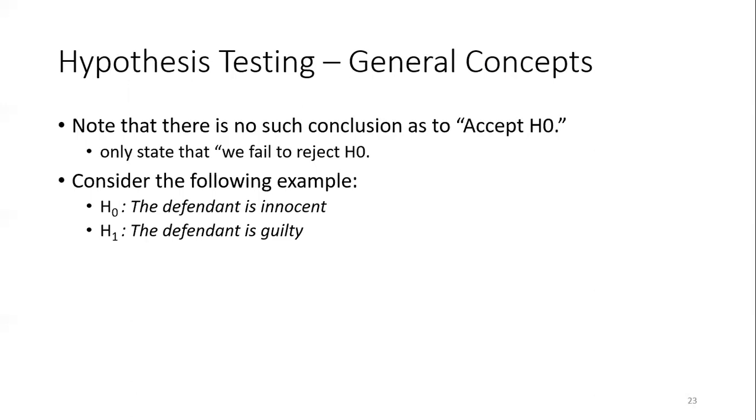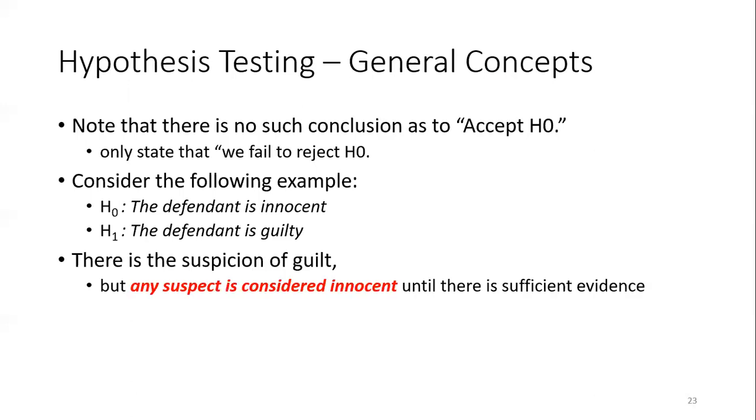Okay, there's a very famous example in your book. So H0 is the defendant is innocent, okay? And H1 is the defendant is guilty, okay? So there is a suspicion of guilt for the defendant, for that guy, but any suspect is considered innocent until there is sufficient evidence, okay. So what does this mean? Well, you may have some evidence which shows that the guy is guilty, but the evidence is not, let's say, strong enough, right?